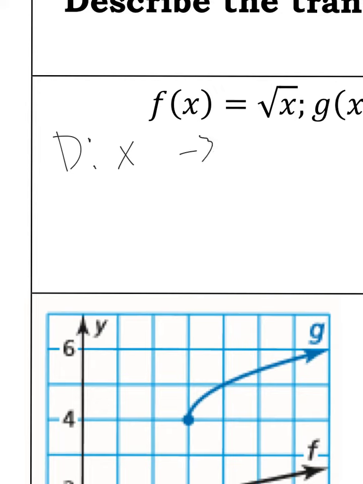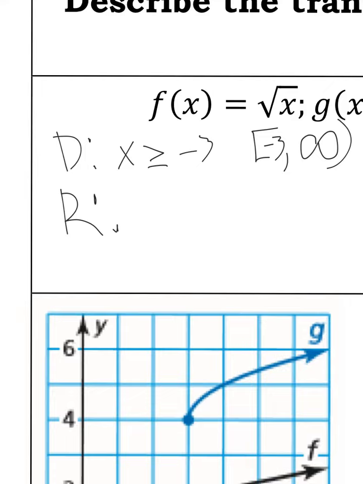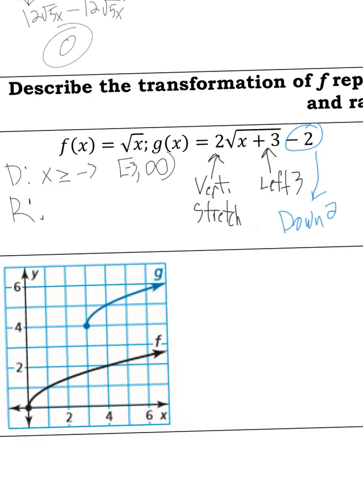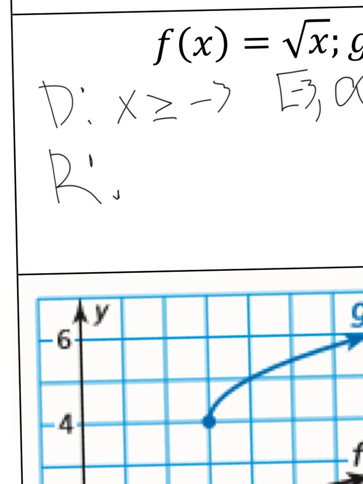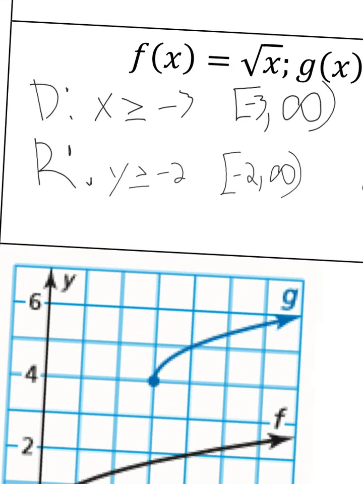And I'll just say x is greater than or equal to negative 3. Or you might see it as negative 3 to infinity. Alright, and then the range, well, we said the range went down 2. So I'll say y is greater than or equal to negative 2. Or you'll see it as negative 2 to positive infinity. Okay?